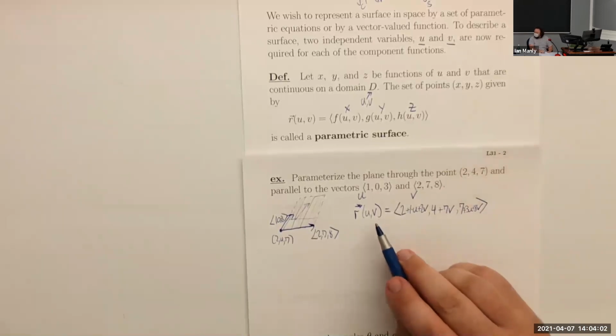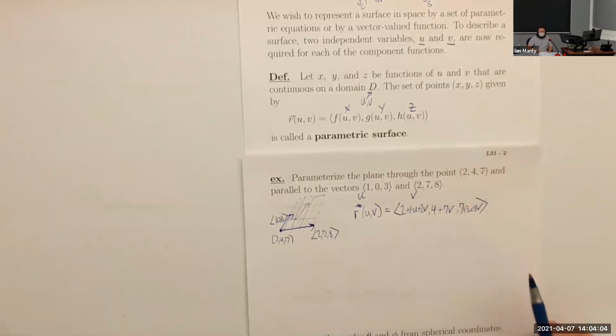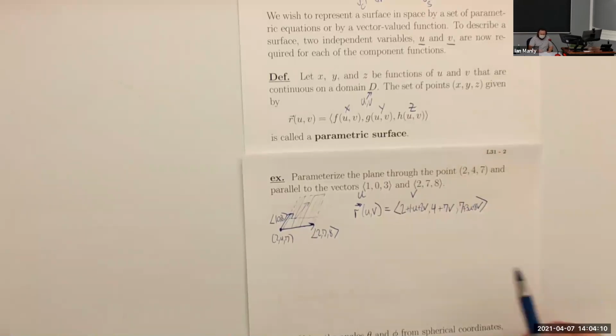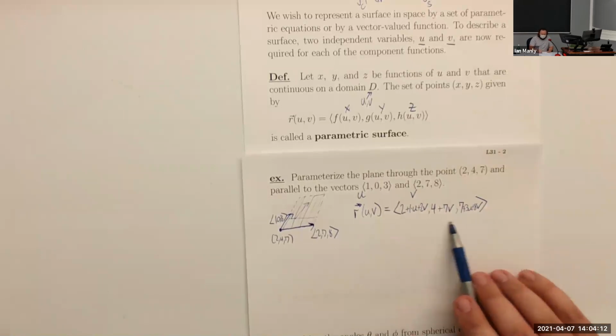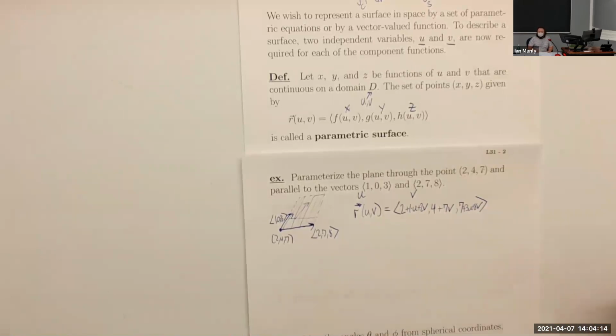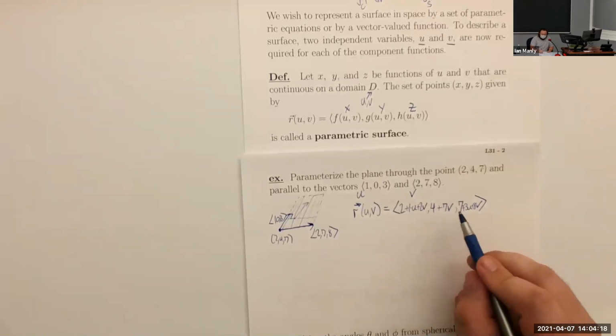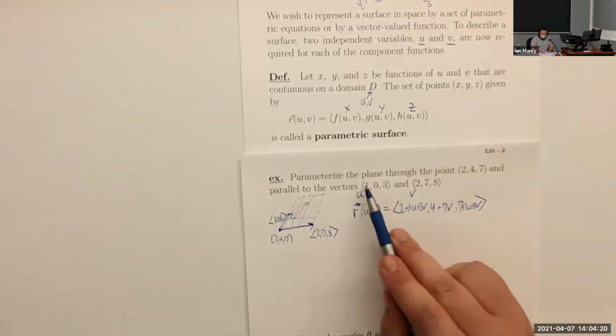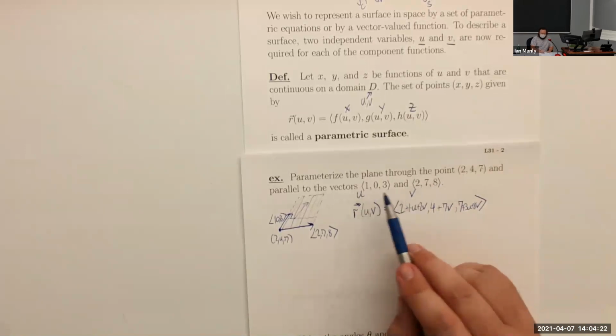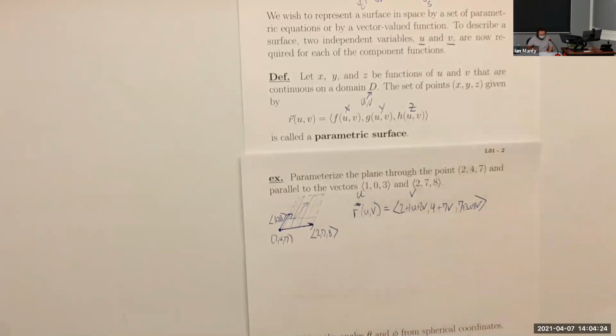Now, what this does is this allows us to plug in any combination we want of u and v, and we can get to any point on this plane that we desire. So I just want you to see the parallel between this and making a parametric equation for a line. We have our constants here, and then we have our directions times the variable right here.